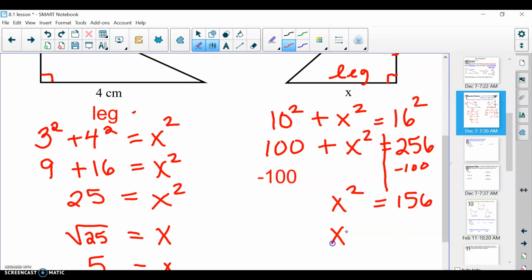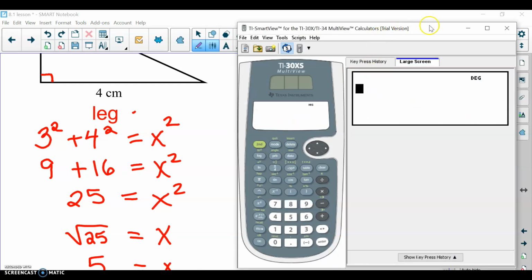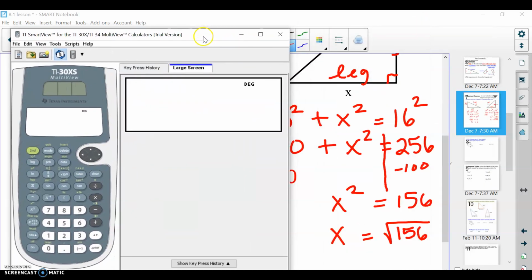So we would take the square root. Now this one is different. Because when I type in the square root of 156, or if I try to mental math it, it doesn't end up being a perfect square.